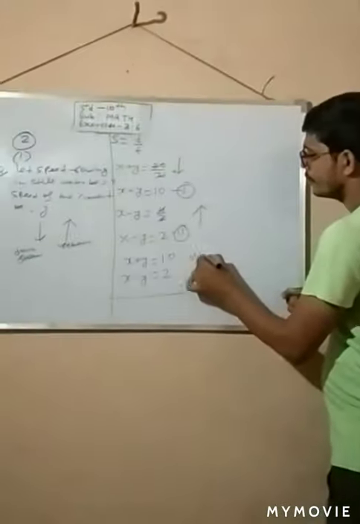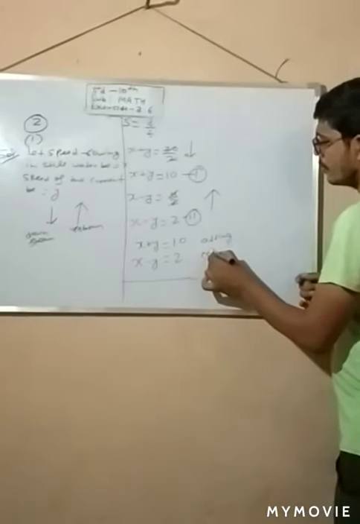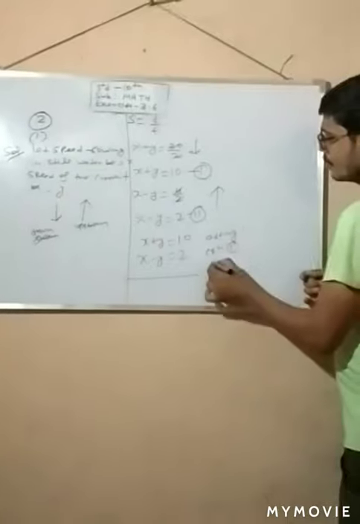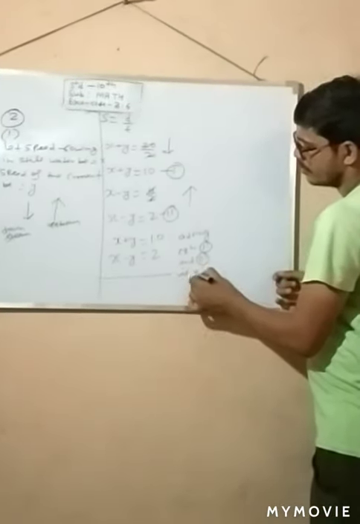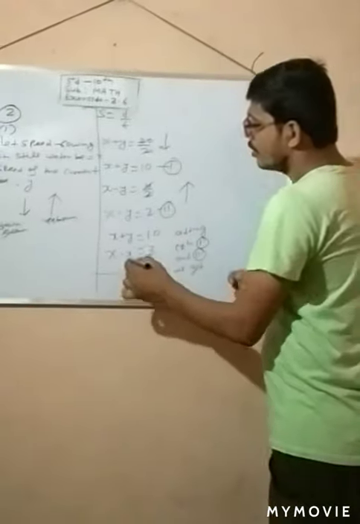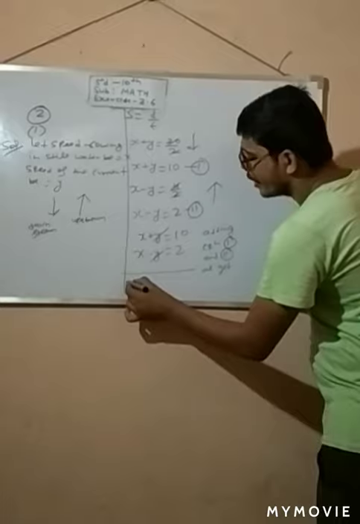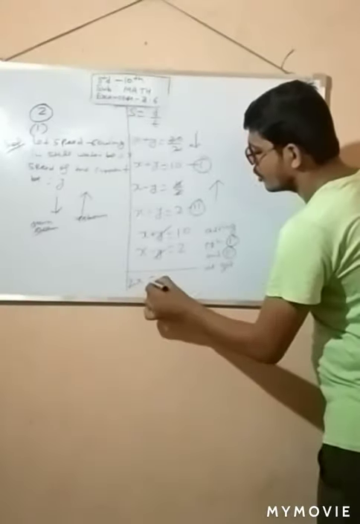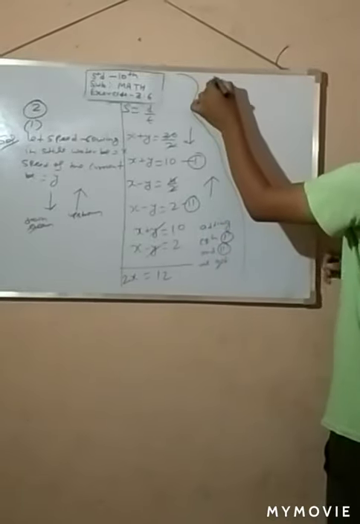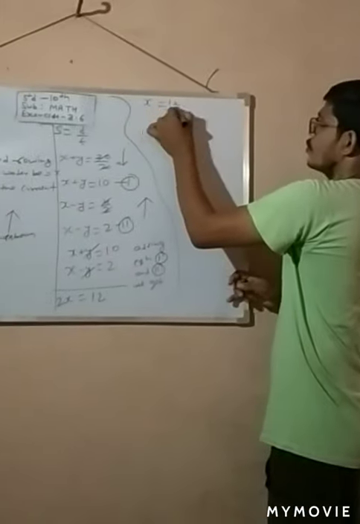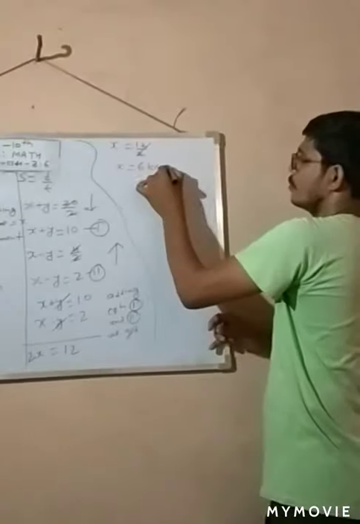Adding equations 1 and 2, the positive and negative signs cancel out here. So we can write 2x is equal to 12. Now x is equal to 12 upon 2. Now x is equal to 6 km per hour.